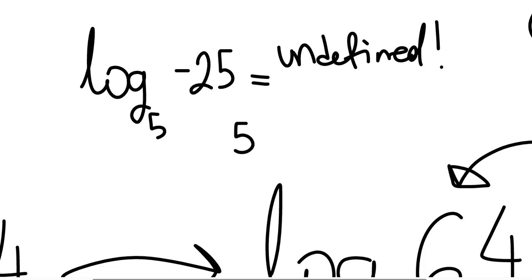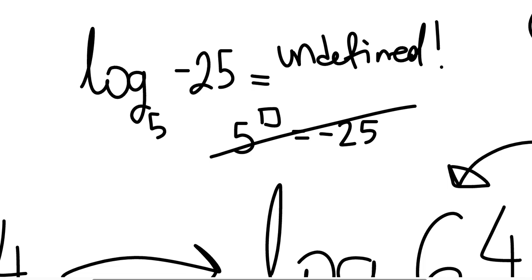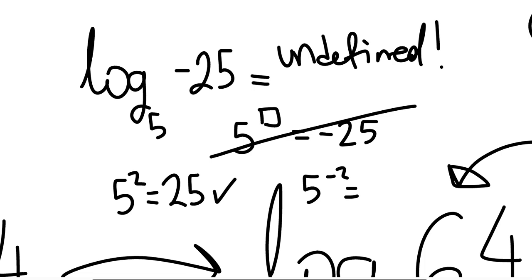Because 5 raised to any power will never give us minus 25. It's simply impossible. Because if you say 5 to the power of 2, it will be 25. If you say 5 to the power of minus 2, it will be 1 over 25. So it will never be minus 25.